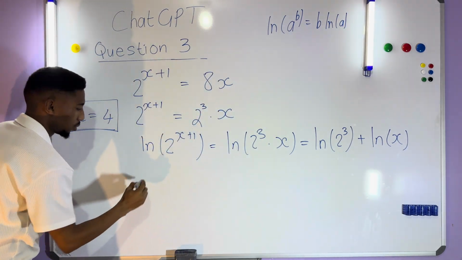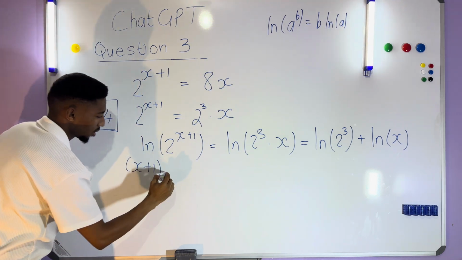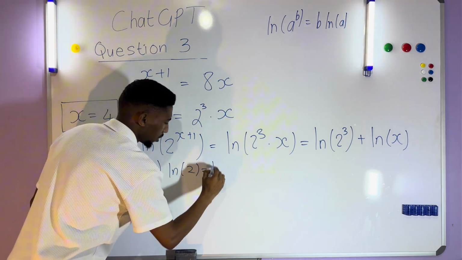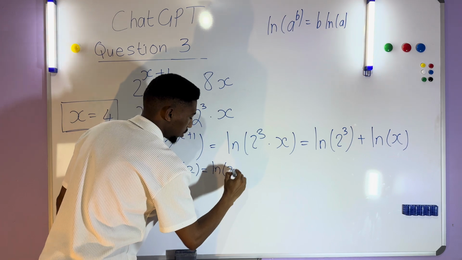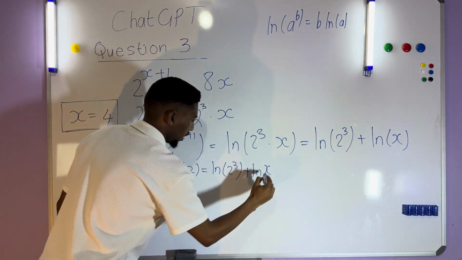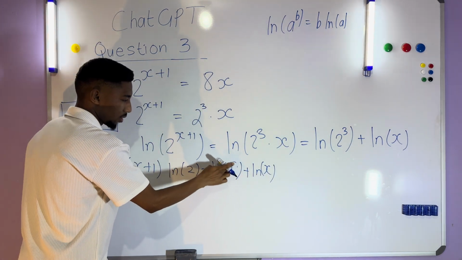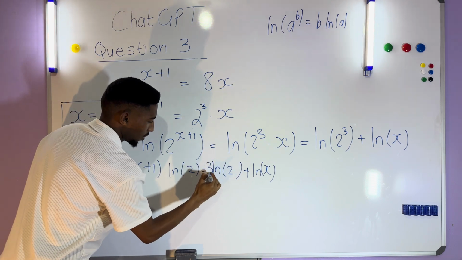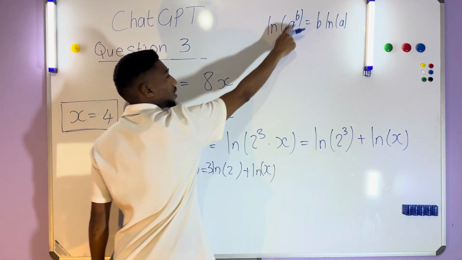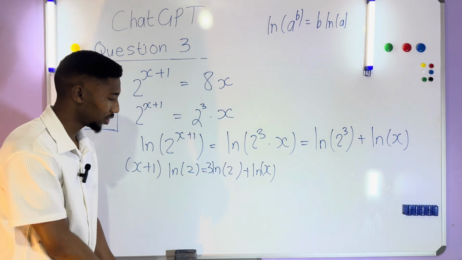We take the x plus 1 in brackets, bring it down to the base, and then have (x+1) ln 2 equals ln 2^3 plus ln x. We can also take the 3 and have it over here, since we know that with the logarithm rule, the exponent goes in front as a coefficient.